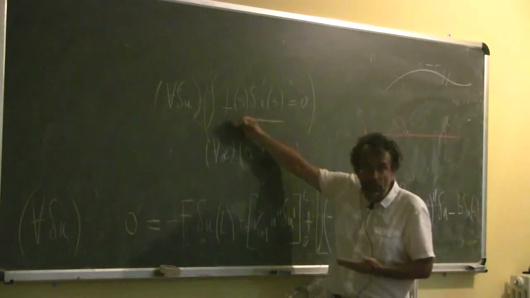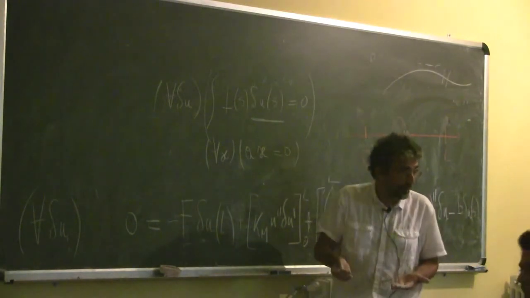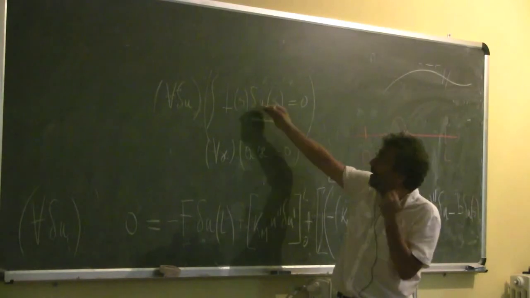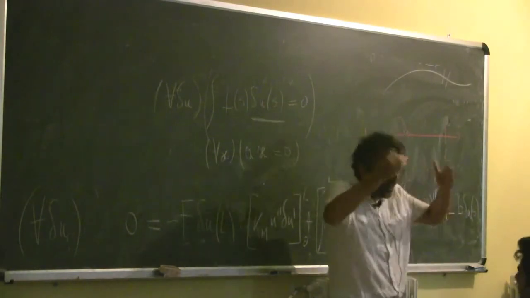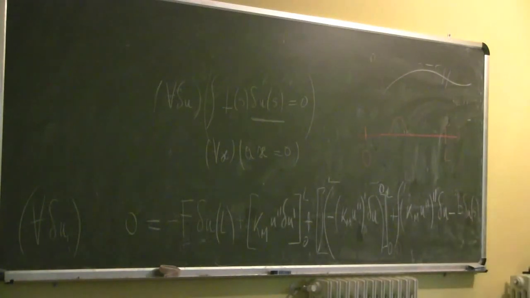So the poor Lagrange needed to generalize this statement in this context. I have a function f of s which is suitably regular. This function multiplied times delta u of s for every delta u has to be 0. What can I deduce for the function f of s? I claim that this has to be 0.